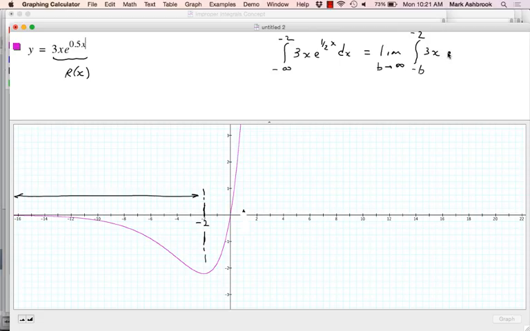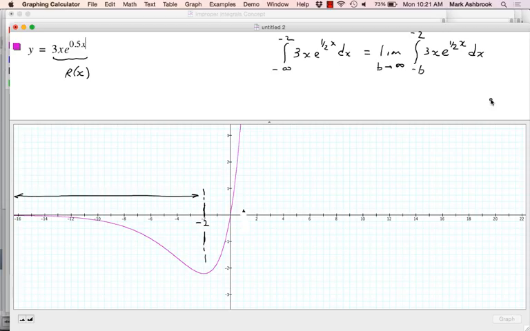So now we're ready to evaluate this antiderivative. We look at 3x e to the 1/2 x, and say, I know what to do.